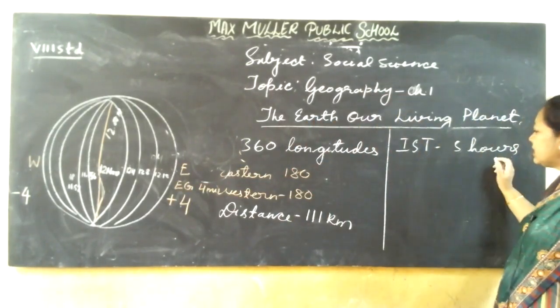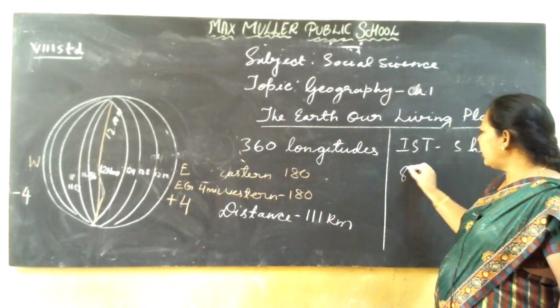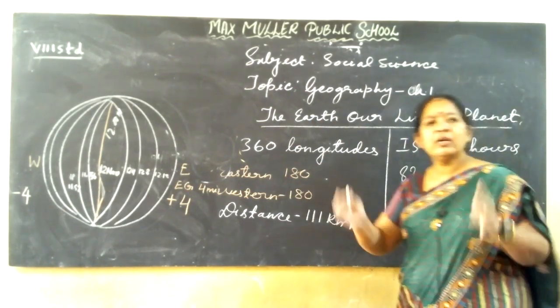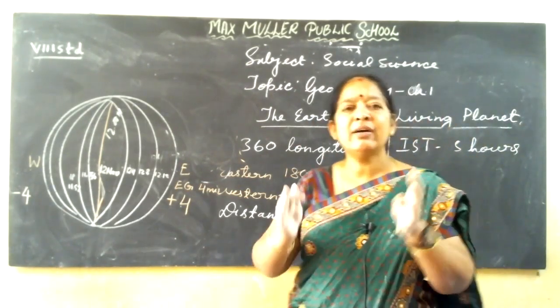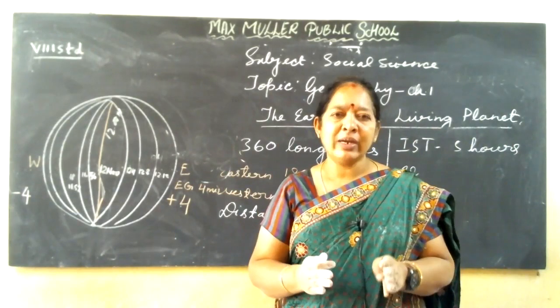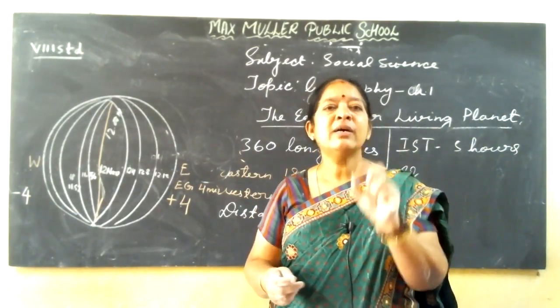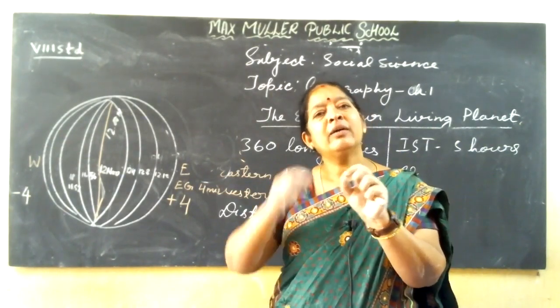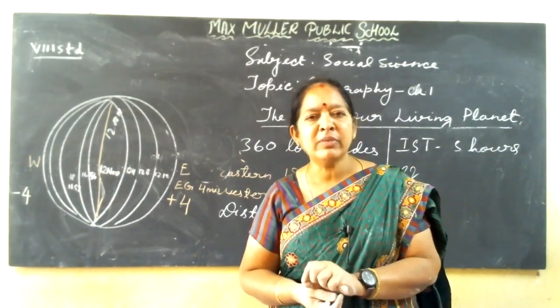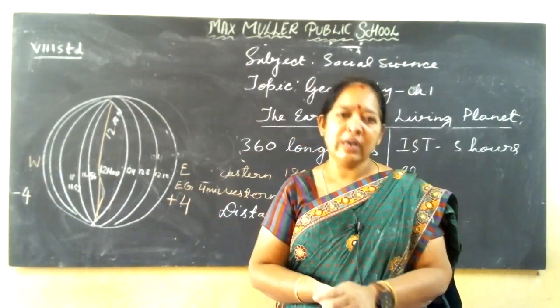And now IST is 82.5 degrees. So what happens, whichever longitude is in the middle of that place will be taken, and that center place's timings, whatever it will be, that timing only will become the standard time of the whole country.